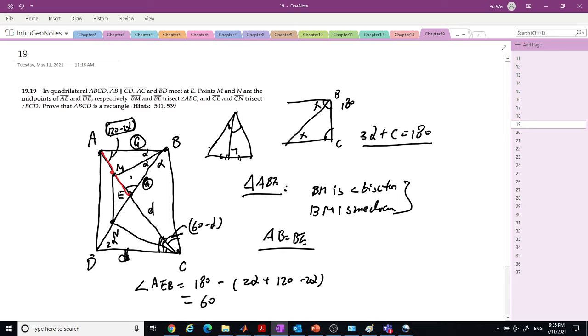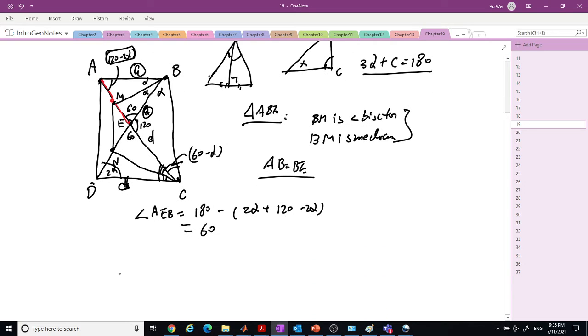So now you know this angle is 60, this angle is 60, this angle is 120, and the 2 alpha is also equal to 60. So 120 minus 2 alpha equals 60, so now you know alpha equals 30 degrees.